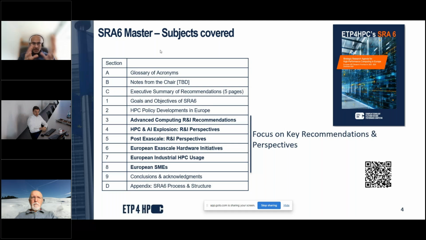In the master, we cover mainly the summary of all the R&I recommendations from the various working groups or white papers. Then we delve into our perspectives on the HPC and AI explosion this time in the SRA6, our perspectives on post-exascale, and some of our thoughts on European exascale hardware initiatives and on European industrial HPC usage as well as European SMEs.